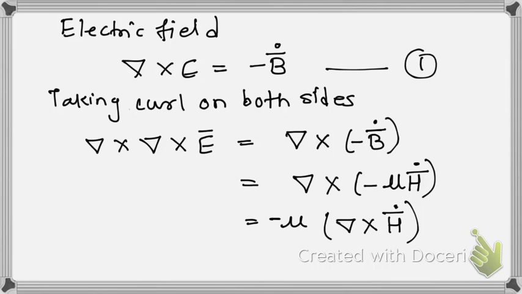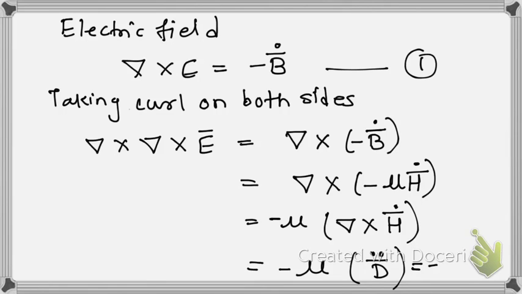We have just derived del cross h bar is equal to d bar dot. So del cross h dot is there, so it is equal to d double dot. So it is minus mu into d bar double dot, which is also equal to, now d bar is equal to mu epsilon into E bar.